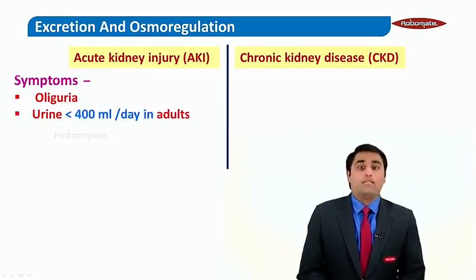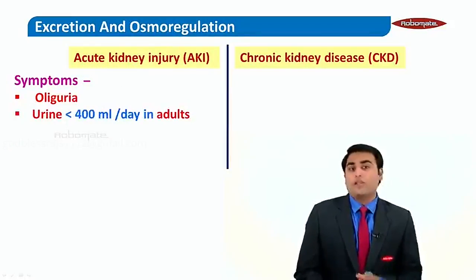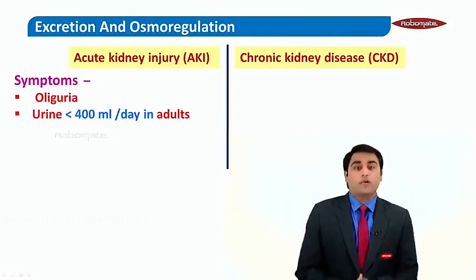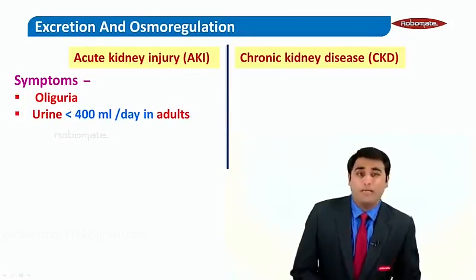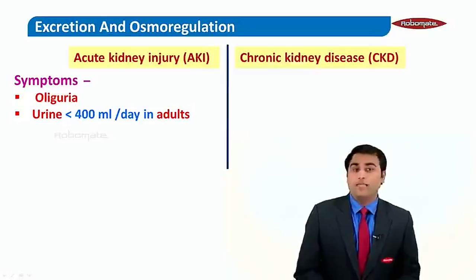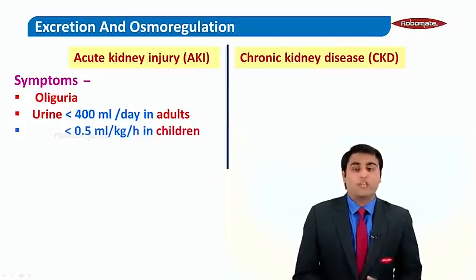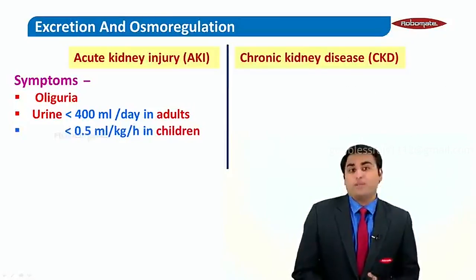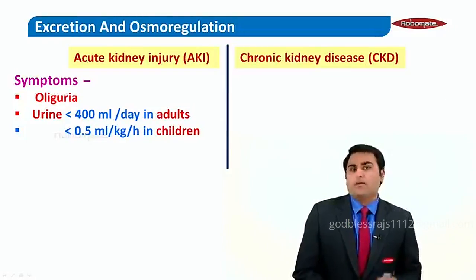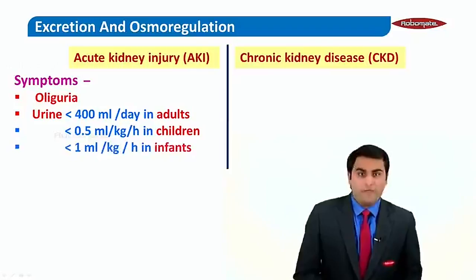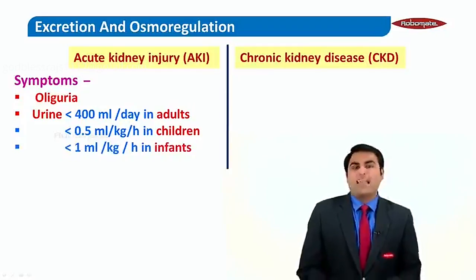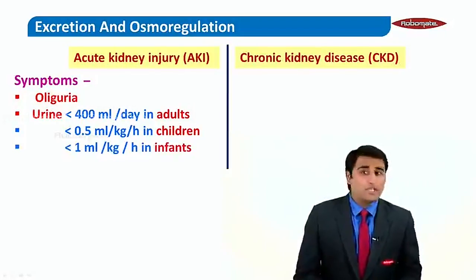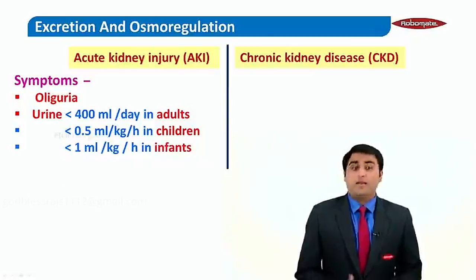In adults, it is less than 400 ml of urine per day. In a child, less than 0.5 ml of urine per kg per hour. And in an infant, the urine rate is less than 1 ml per kg per hour.